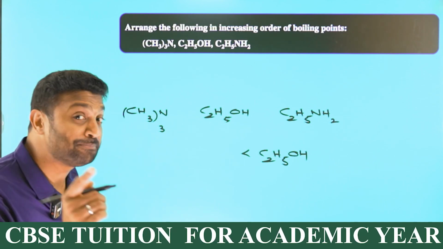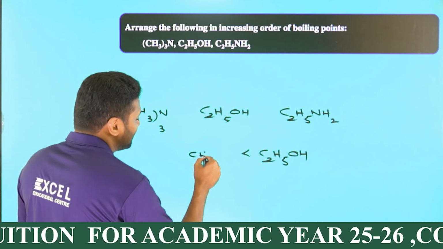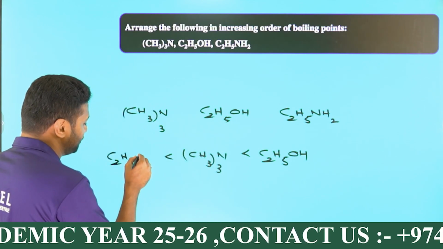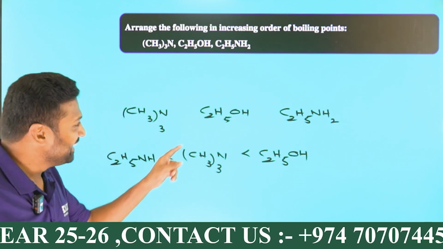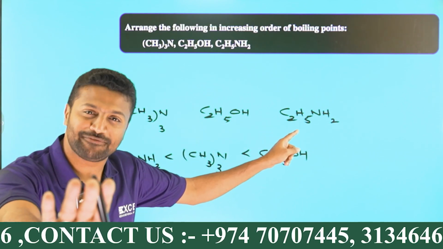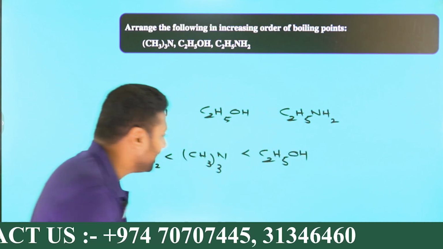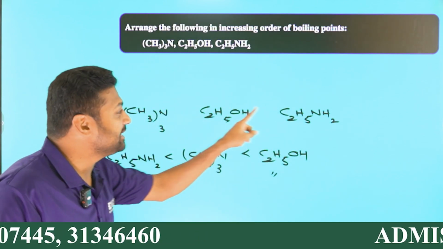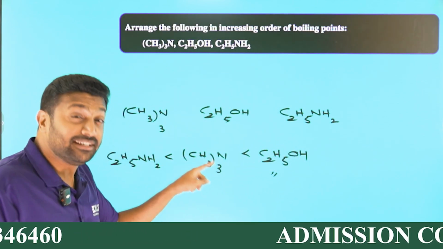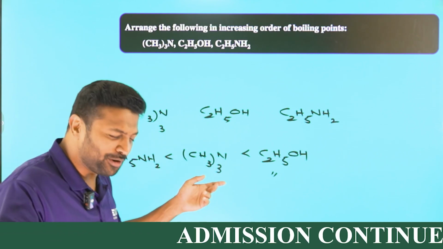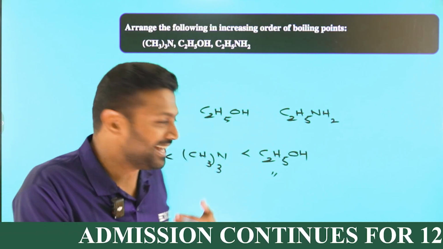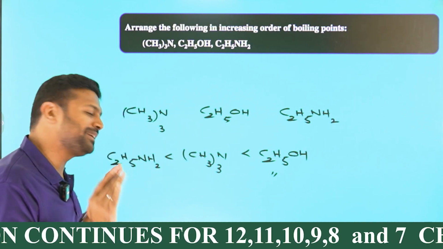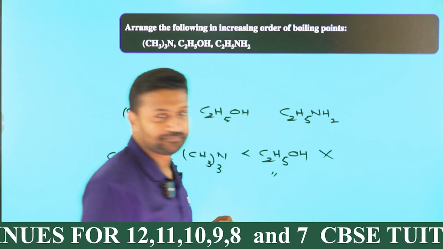More carbon means more mass, more boiling point, so people may expect the 3-carbon amine (CH3)3N to have a higher boiling point than C2H5NH2. It's a 3-carbon amine, a 2-carbon alcohol, a 2-carbon amine. Among 2-carbon and 3-carbon amines, people may think the 3-carbon has more mass and more boiling point, the expected one, but actually this order is wrong.